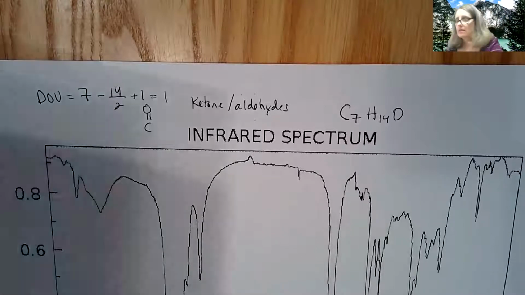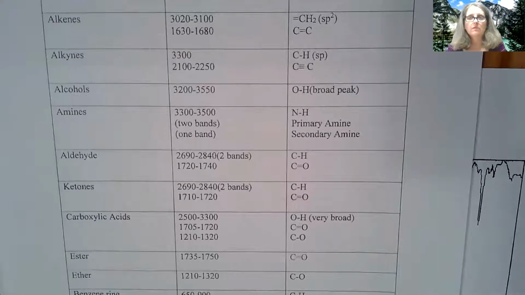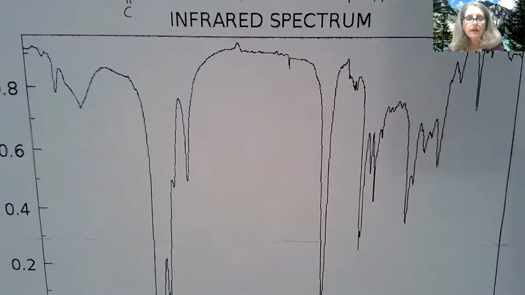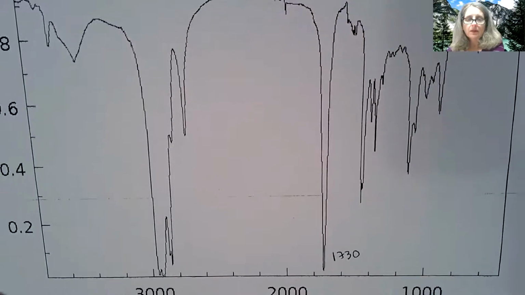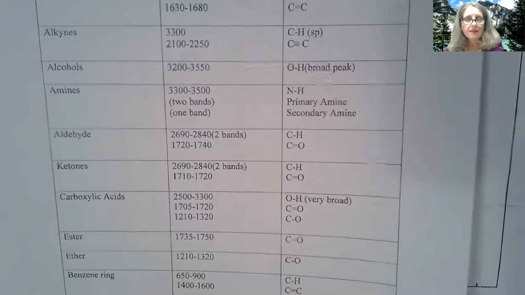Because again, this table I've given you is very small. There are much larger tables that you could find, but I boiled it down to what we're going to be looking at. So what kind of bands am I going to really focus on for aldehydes and ketones?